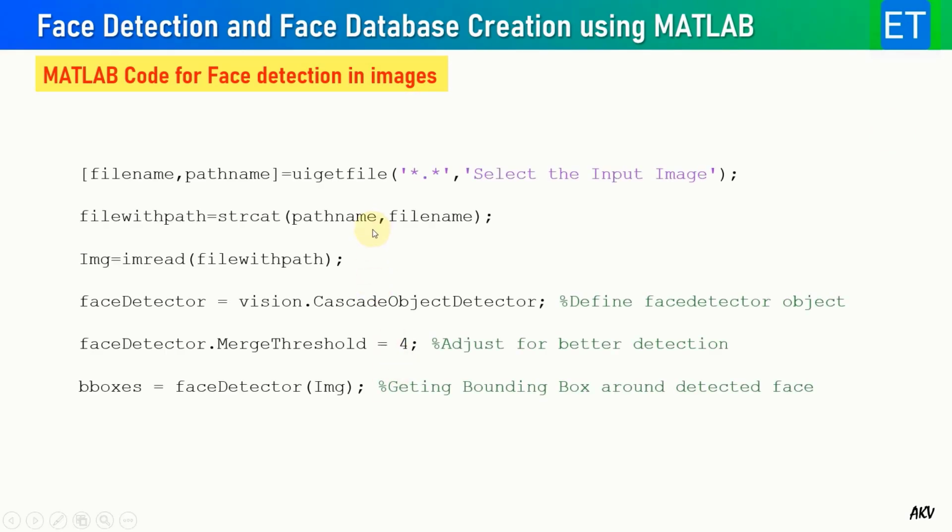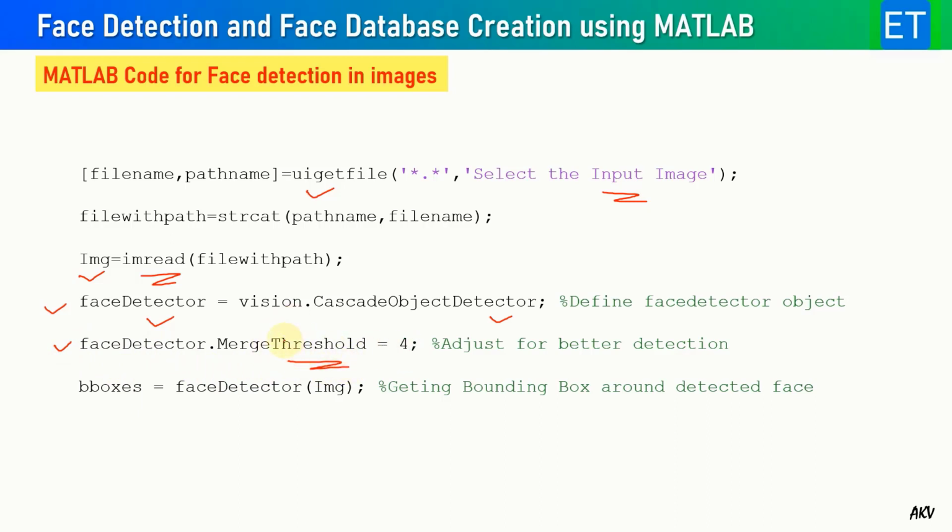This is the code. When you execute the first line, that is uigetfile, a system dialog box appears where you can choose your file. Then, using imread, your image goes into the variable img. Here we are defining the vision.CascadeObjectDetector face detector object, and in this line we are changing its threshold value.